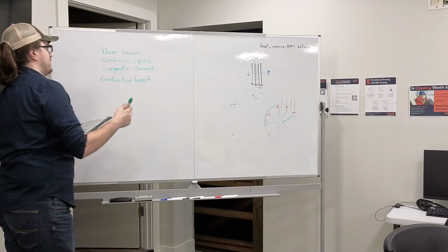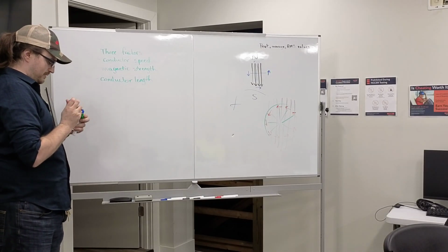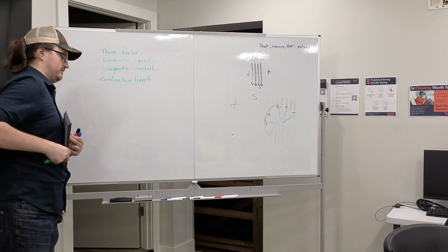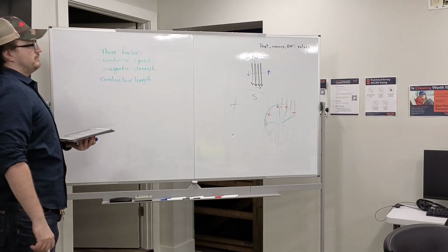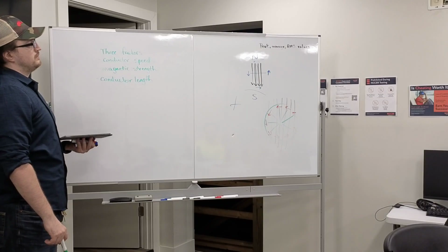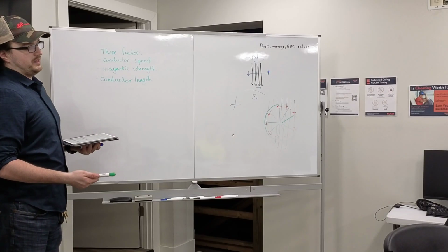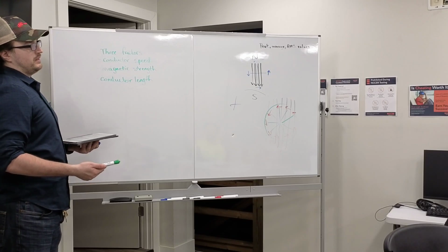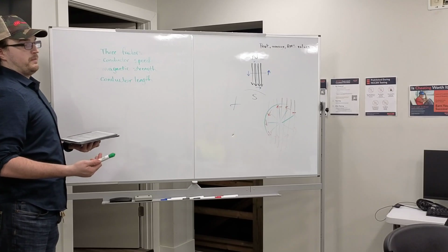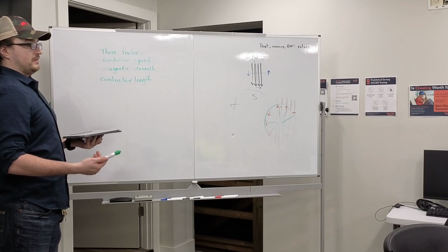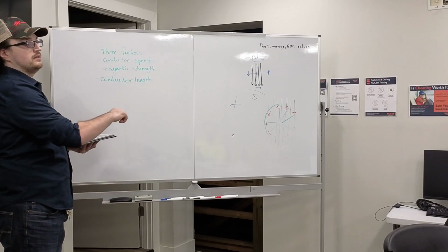So, 3 factors: conductor speed, how fast it's moving through the magnetic flux. Technically, yes and no on the frequency, because increasing the frequency would increase the speed, but also keeping the same frequency and just making a bigger generator makes it move faster.